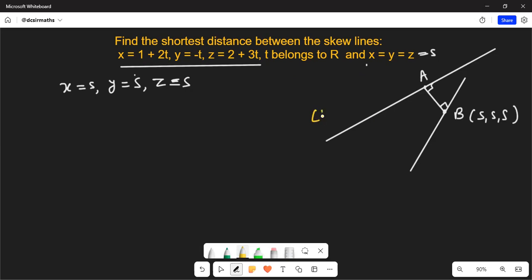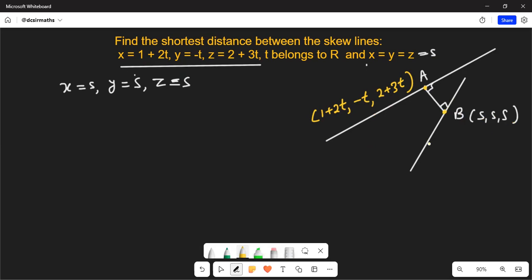It's 1 plus 2t, comma, negative t, and comma, 2 plus 3t. So these are the general points on both the lines. Any point A on the first line would be in this form for some value of t, and any point B would be in this form for some value of S. T and S are some real numbers, okay?